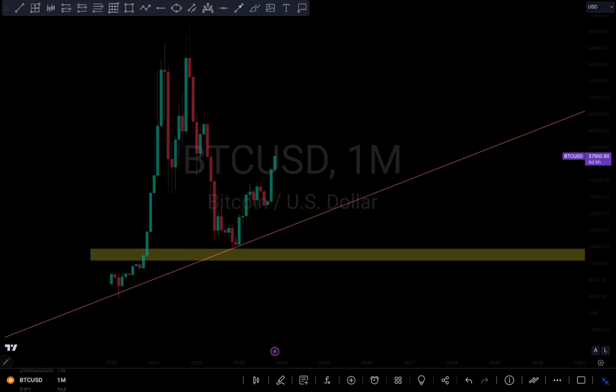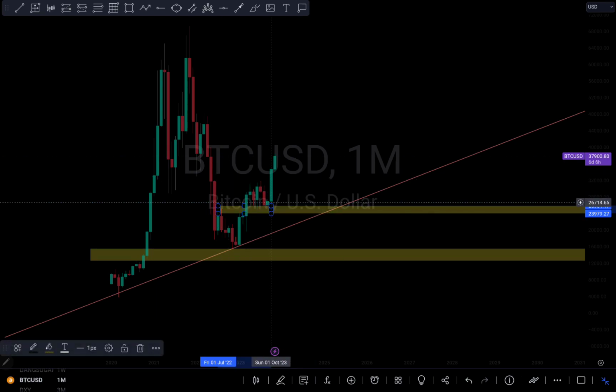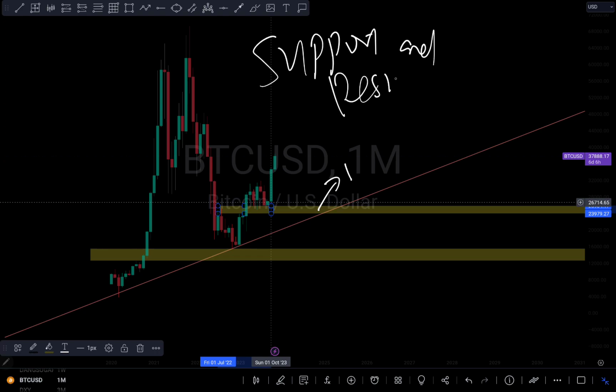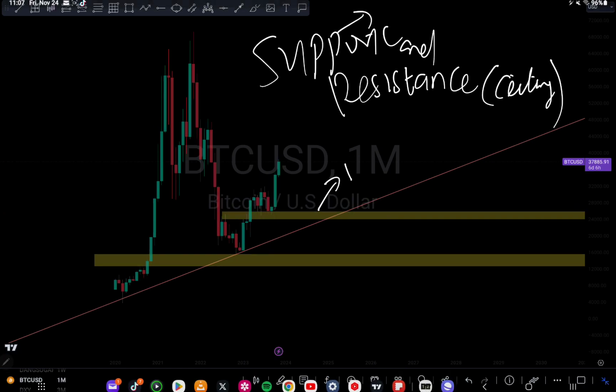If I can also put a zone right here. These zones, for beginners that don't know much, we call support and resistance. Resistance you can call the ceiling. That's how I remembered it when I was new and didn't really know much about all this.